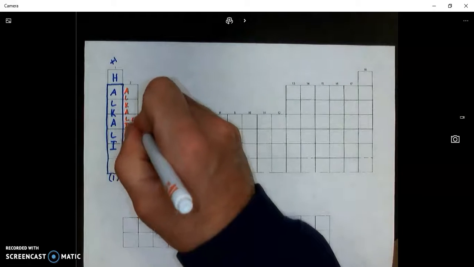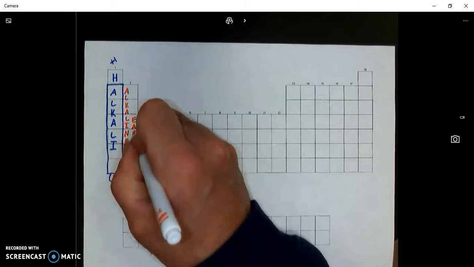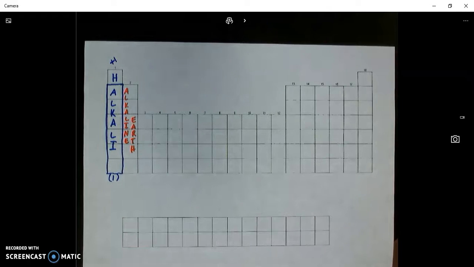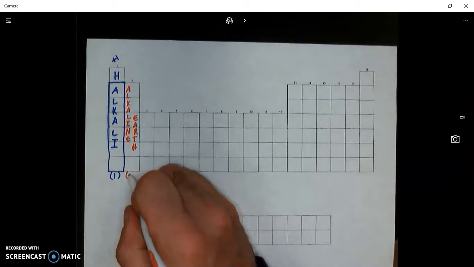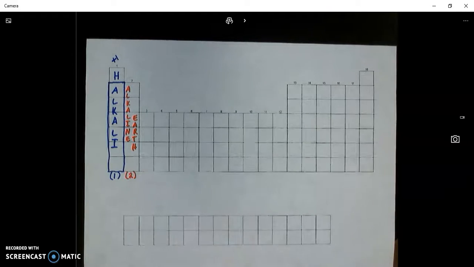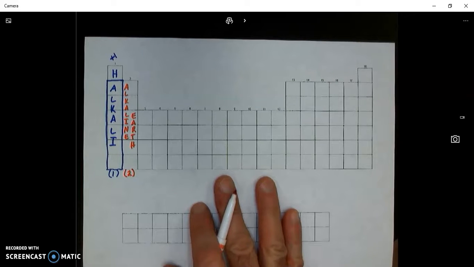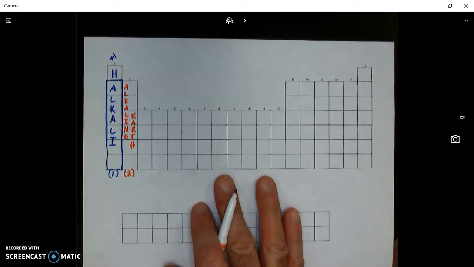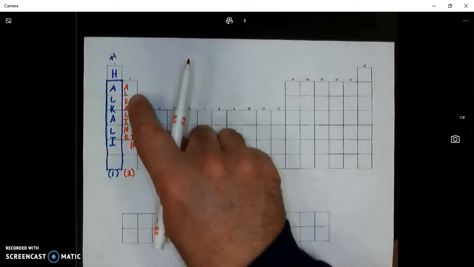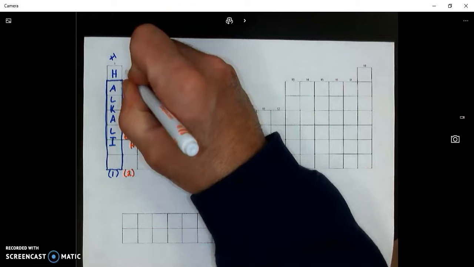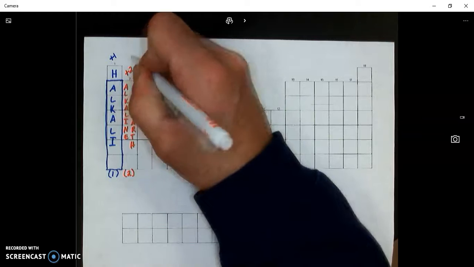Alkaline earth. And those are metals as well. They have 2 electrons on their outermost energy level. If you remember from the activity we went over on Thursday, the building an atom activity, every element that was in group 2 had 2 electrons on its outermost energy level. And because of that, they always get a +2 charge.